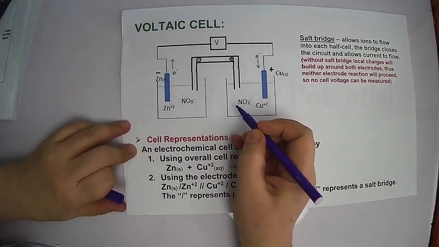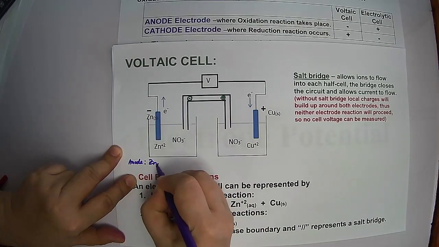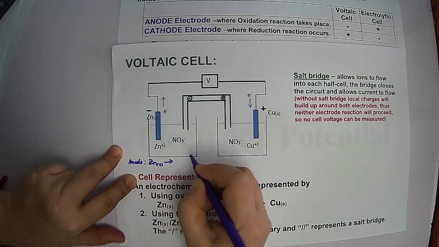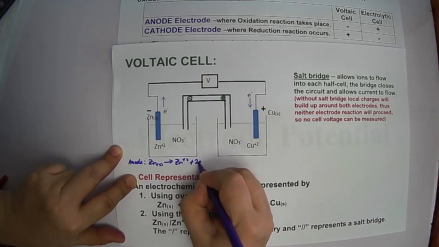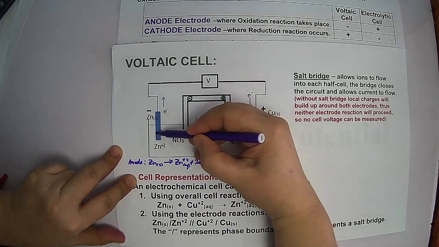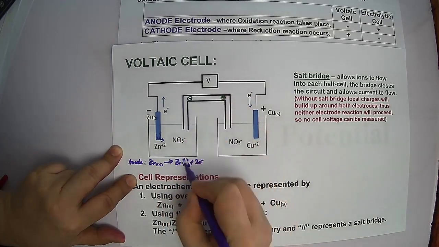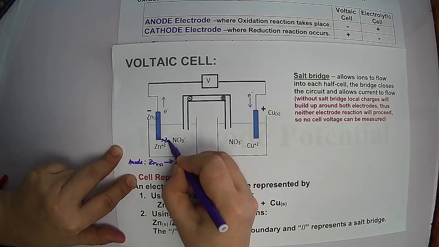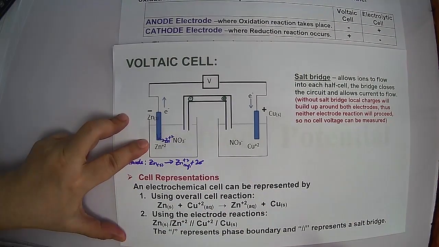Okay, at the anode compartment, the zinc metal will give off two electrons to undergo the oxidation reaction. So what happens is the zinc electrode here is giving off electrons and producing a positive ion, the zinc positive ion.